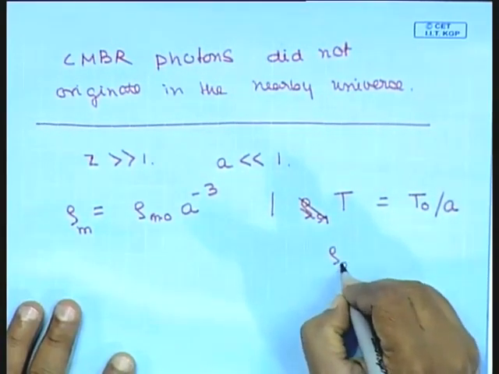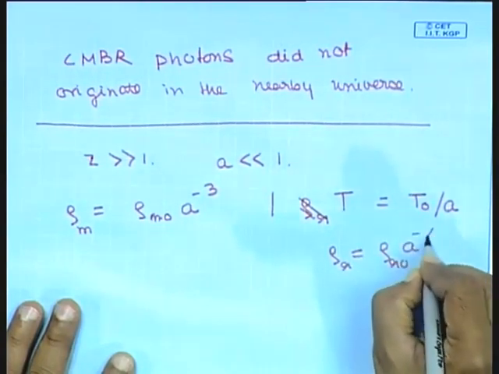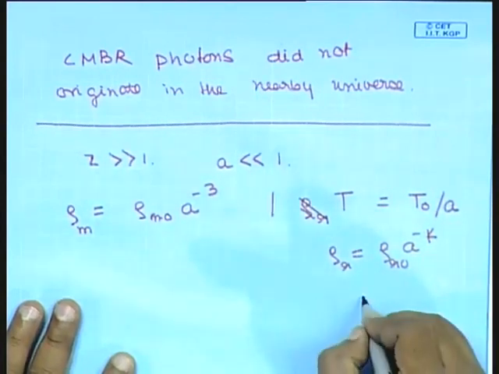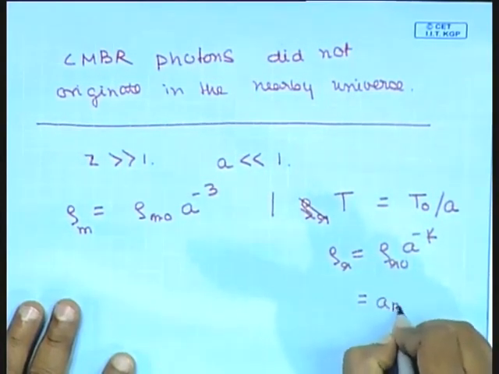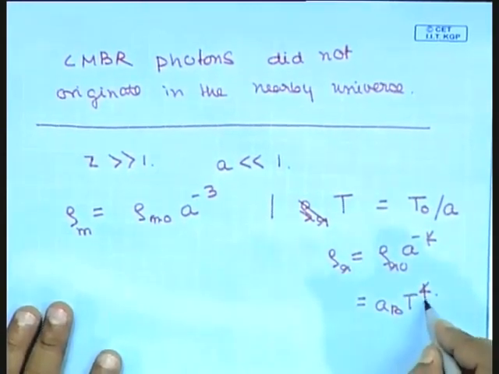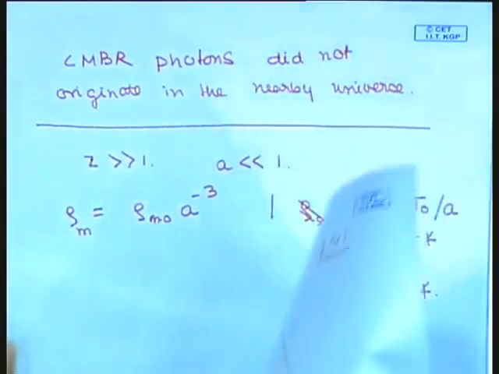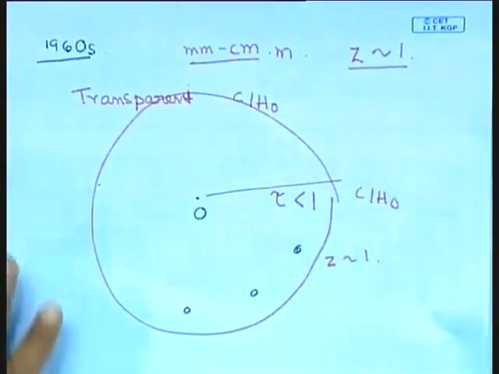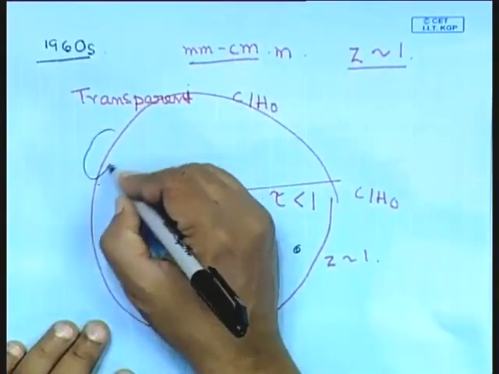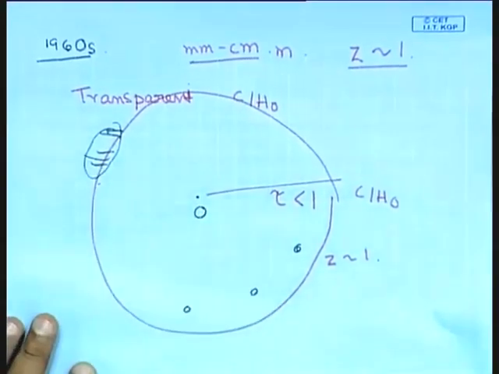We know that the energy density scales as rho r naught a to the power minus 4, this we have worked out, and we also know that this is equal to a b T to the power 4. So it is quite clear that temperature into the scale factor is a constant. So in the early universe, the temperature of the CMBR was much hotter and the density was much larger.